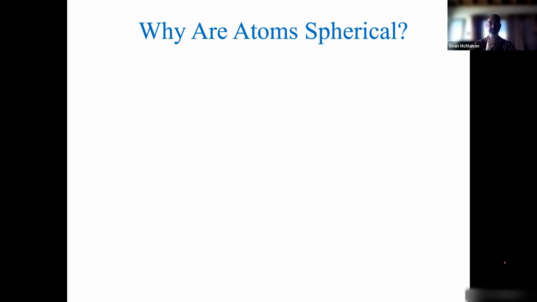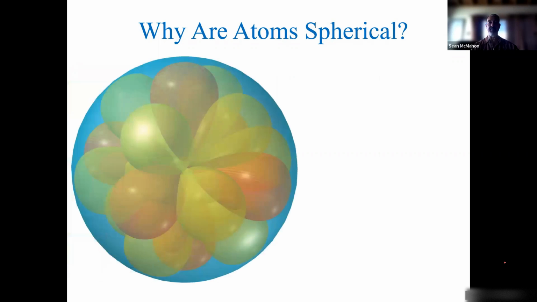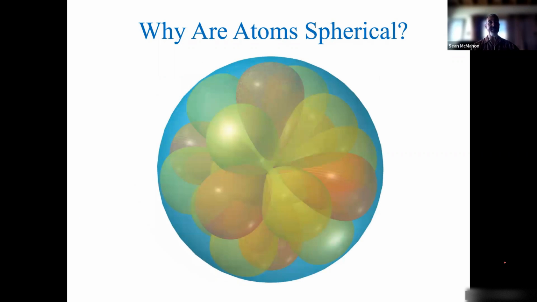So really, when we think about atoms being spherical, we're basically lining up all of the orbitals in each sublevel and overlapping them, because there's going to be overlap. You got your 1s orbital, the 2s is going to go on top of that. It's just further away. And then the 3s and so on.